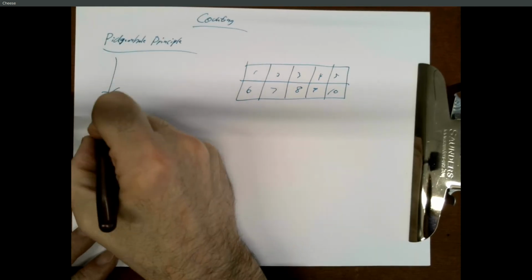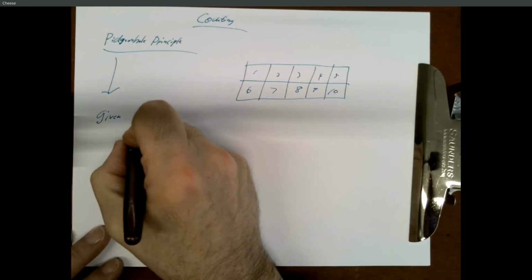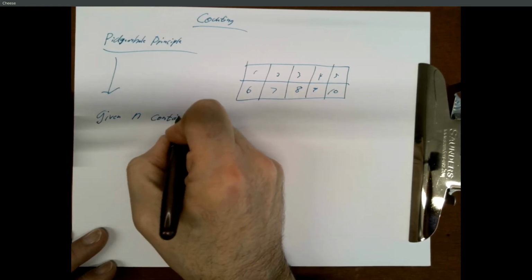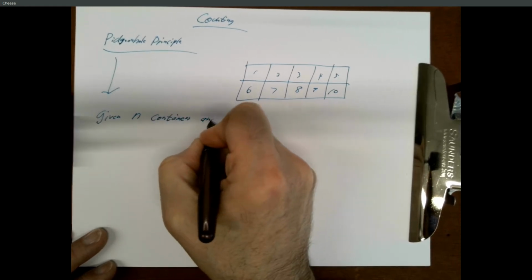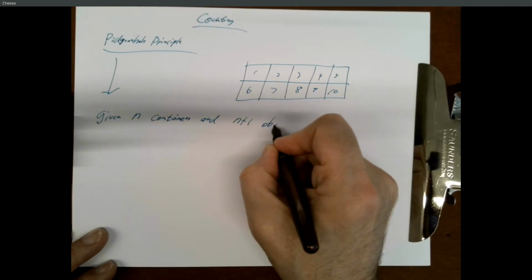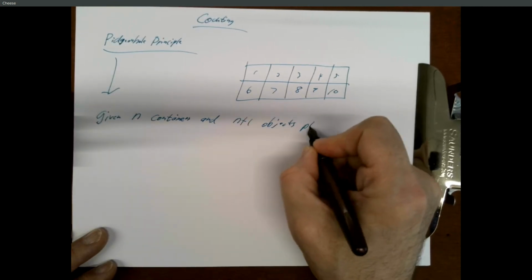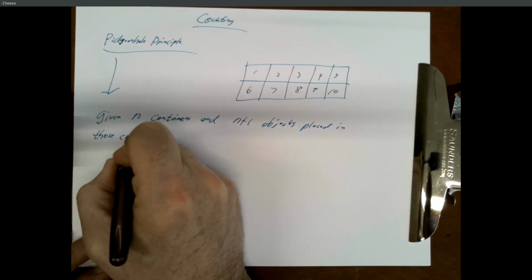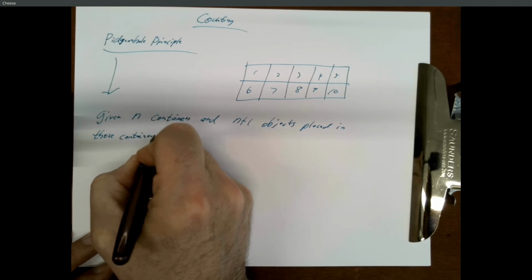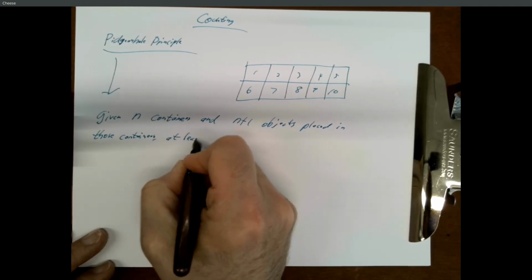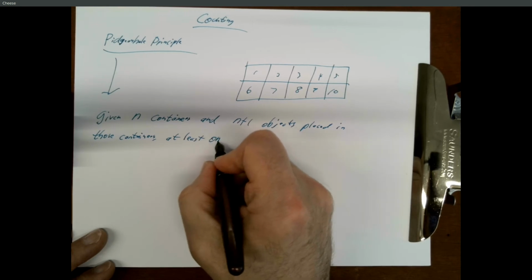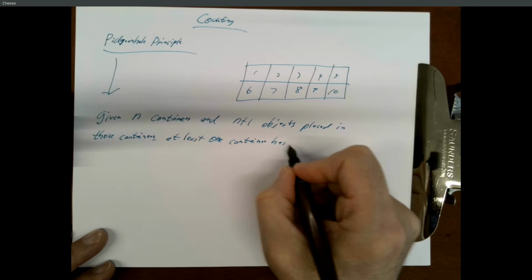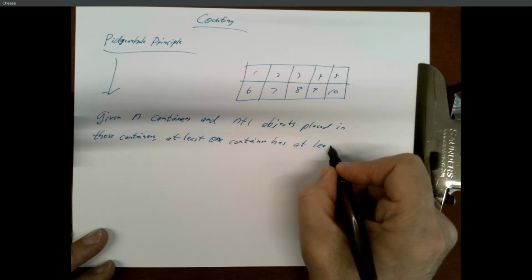So this says the following: given n containers and n plus 1 objects placed in those containers, the following is true: at least one container has at least 2 objects in it.